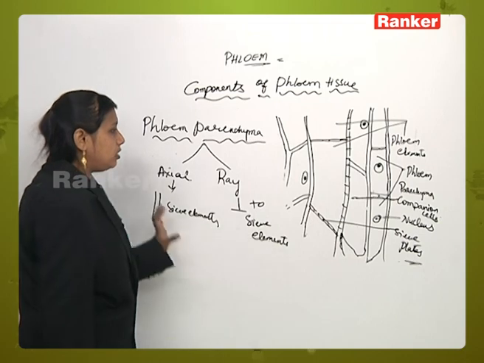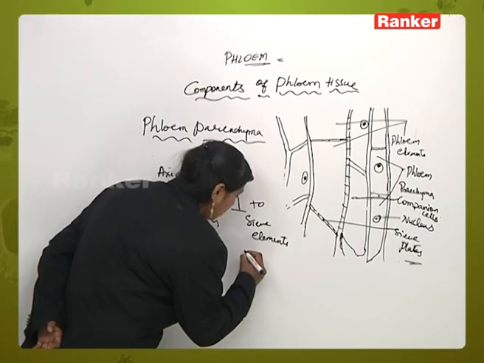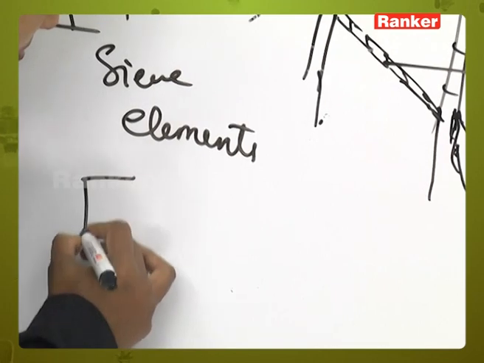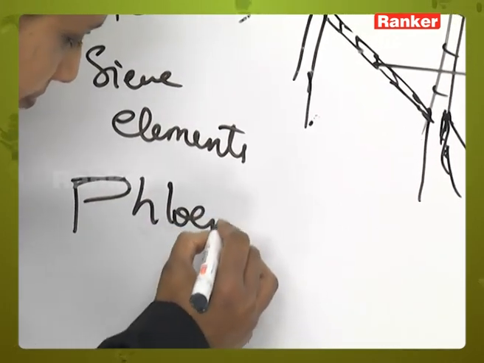These ray parenchyma also form a structure called the phloem ray.